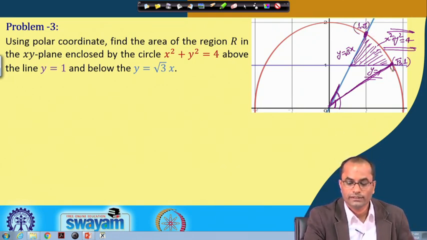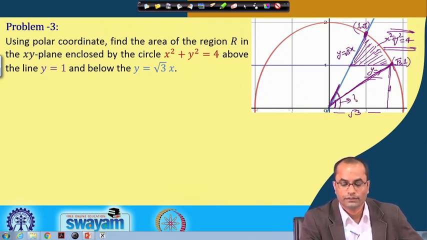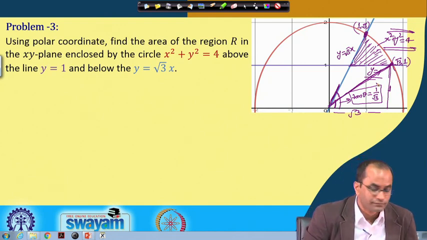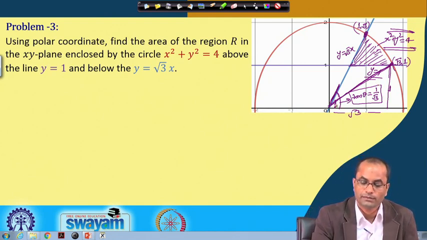With this we can compute this angle easily, because the vertical distance is 1 and the horizontal distance is square root 3 for the first angle, so tan theta will be 1 over square root 3, and we get theta as pi by 6.